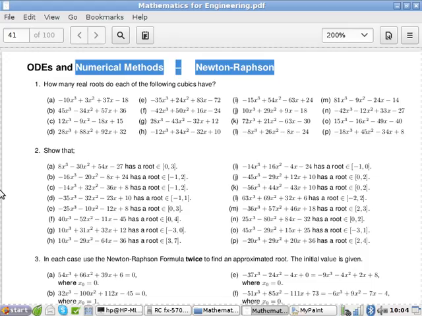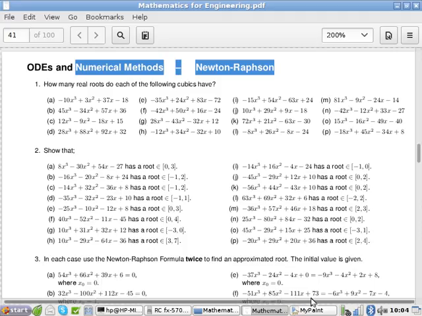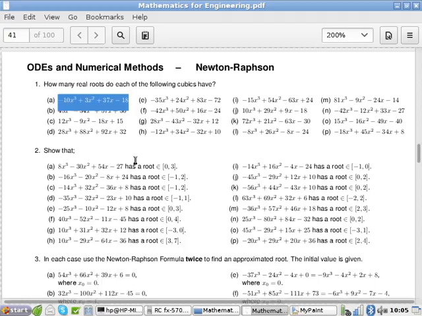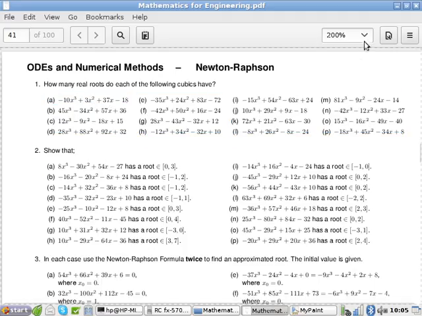Before we do anything new, let's do something a little bit old. Can you just write down this cubic, the first one there?